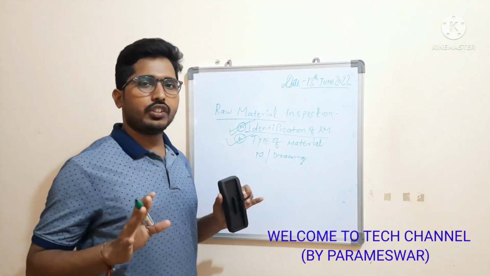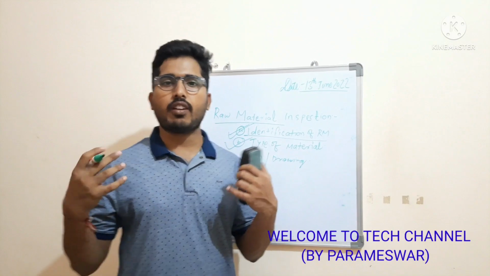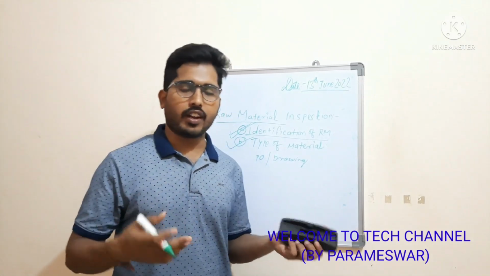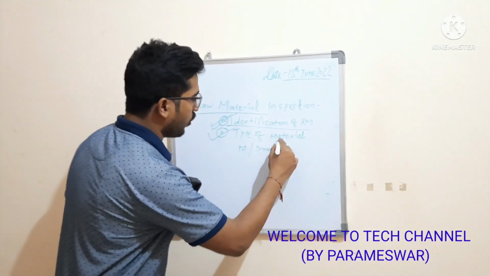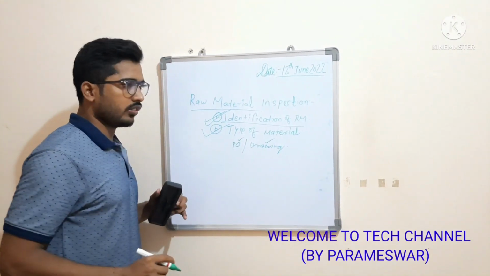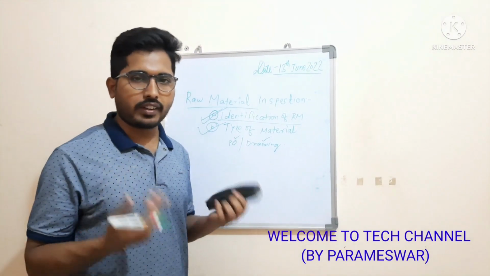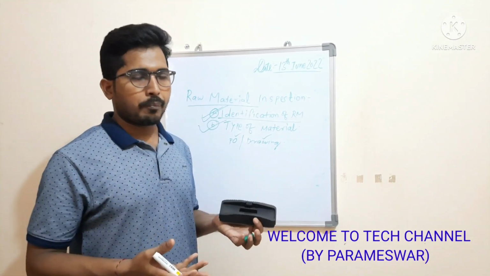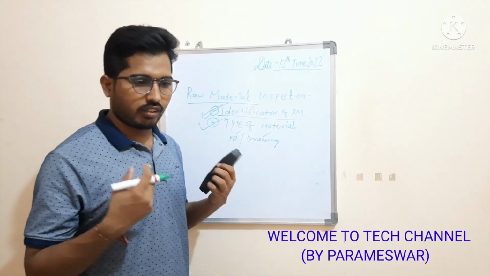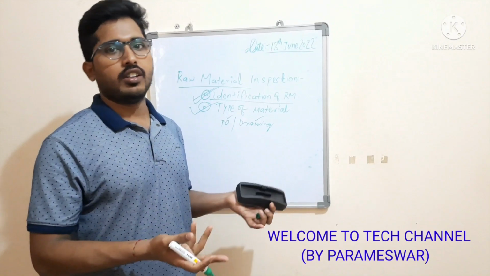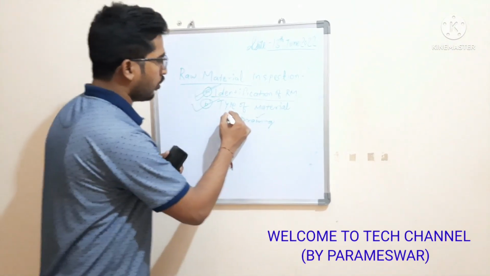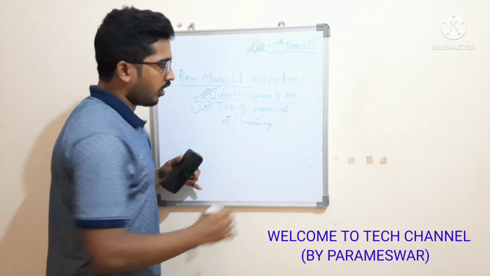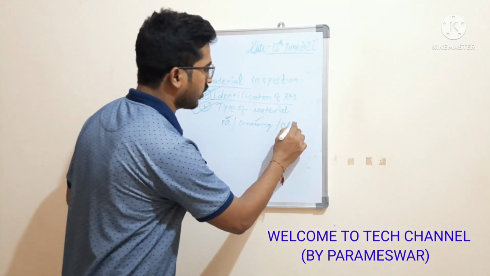Like if you are using E350 grade or E250 grade or E410 grade, everything is mentioned in the drawing and PO also. So when you are inspecting any plate, pipe, filler metal or paint material, you should go through the PO or client's requirements.